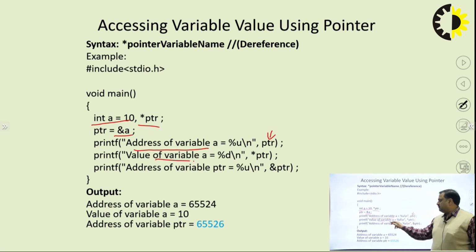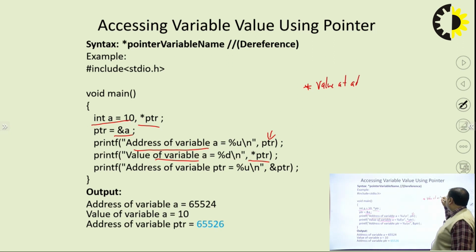If we want the value, then we can use asterisk ptr. Asterisk means value at address, or it is called dereferencing. We have created a reference, and to reach that value for dereferencing we use the asterisk operator. So, if we use asterisk ptr, then we will get the value. If we use ptr, then we will get the address.